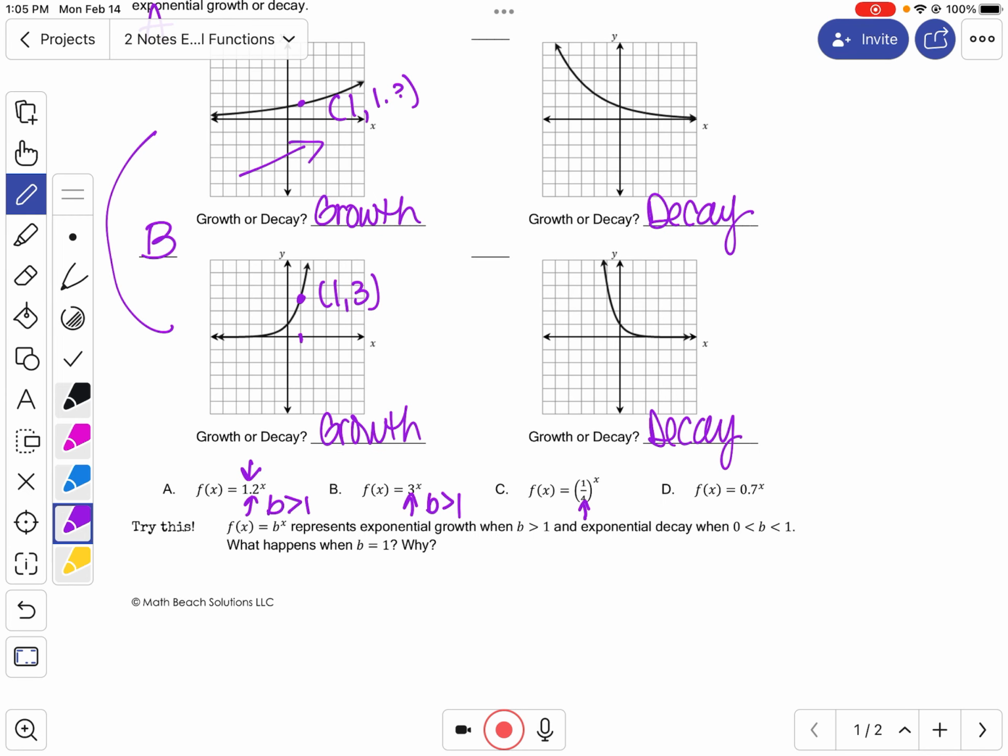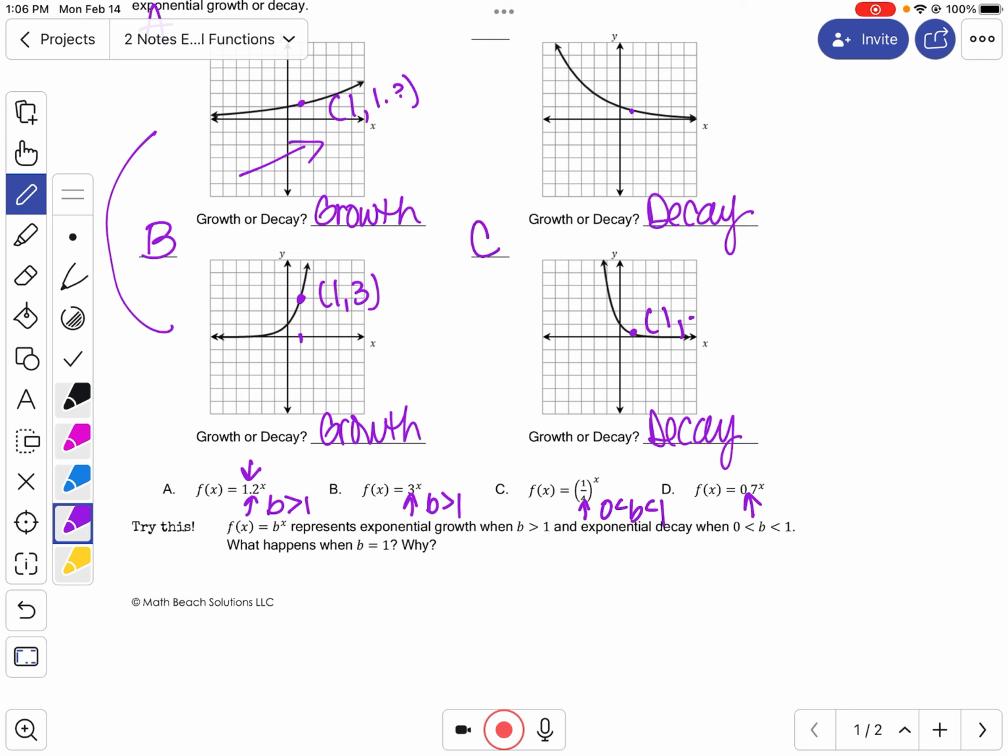Notice that C is in between 0 and 1, so that would be a decay. Look at your graph: when x is 1, your y would be point something. And that one is smaller. If you look at your two choices, 1/4 is smaller than 0.7.